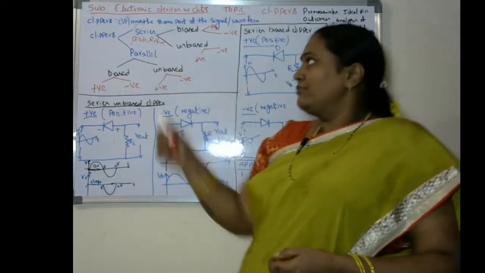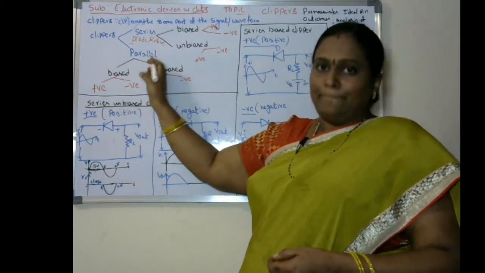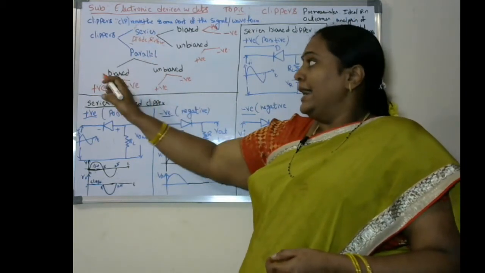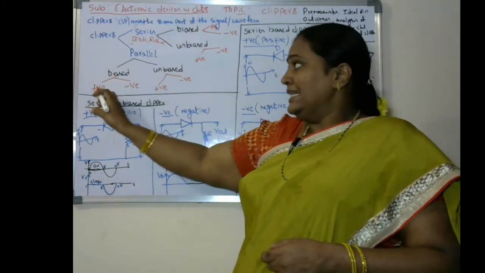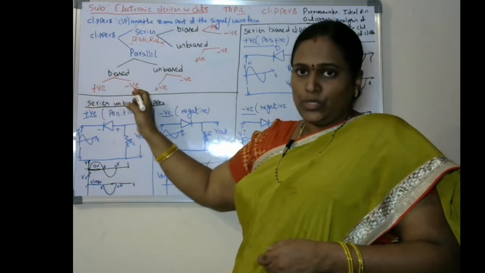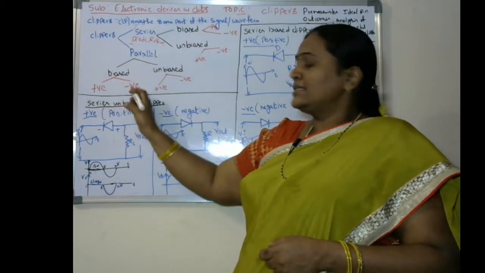The same way for parallel also. If the diode is connected in parallel and we are using an external reference voltage and it is clipping the negative voltage, then it will be called a parallel biased negative clipper.